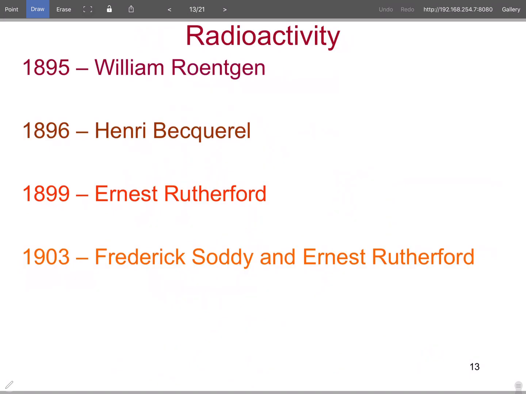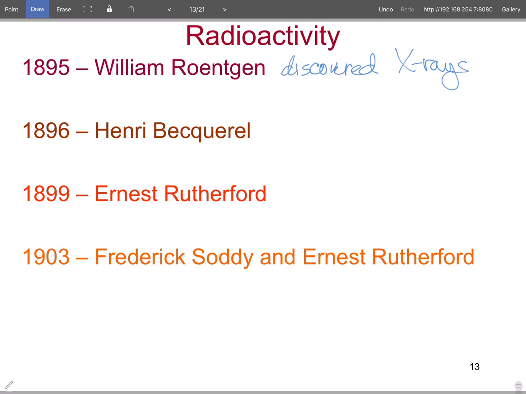So, again, we're still trying to determine how the atoms are arranged, and so we get into the radioactivity. Okay, again, the dates are there to give you the frame of reference, but you're responsible for the names. Okay, Röntgen discovered X-rays. Now, we use X-rays all the time to take pictures of your bones, but at the time, Röntgen was one of the first ones who was playing with radioactive materials, and he discovered X-rays.